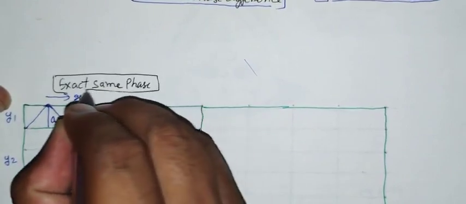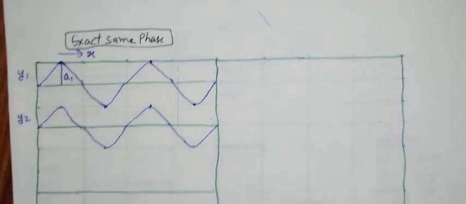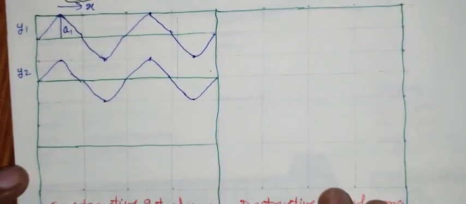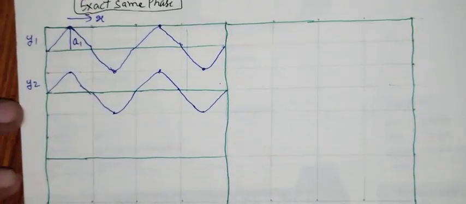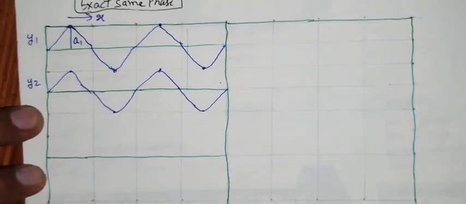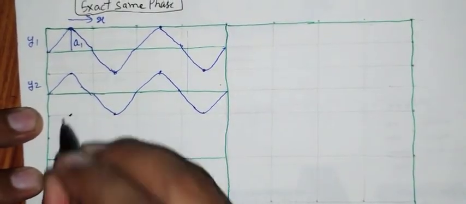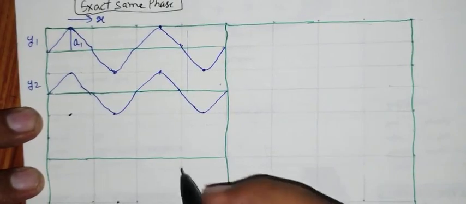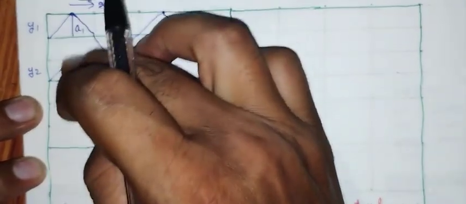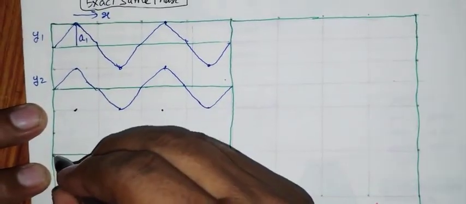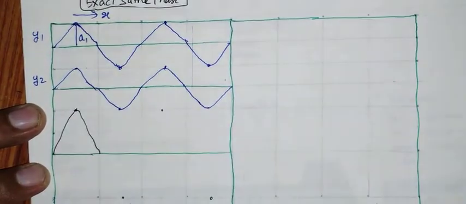When they are in the same phase, both combine by the principle of superposition and the resultant wave forms here. See, this is the resultant wave, how it is formed. When these two waves meet, their resultant displacement becomes like this.